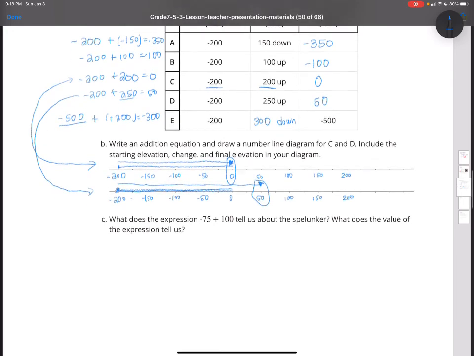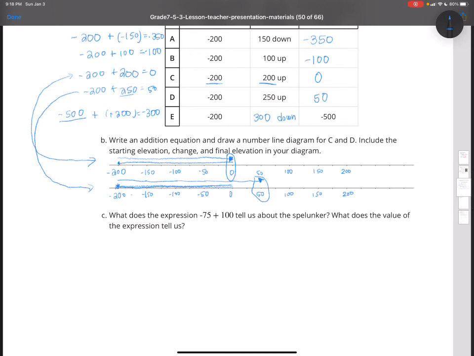So then it says, what does the expression negative 75 plus 100 tell us about the spelunker? What does the value of the expression tell us?